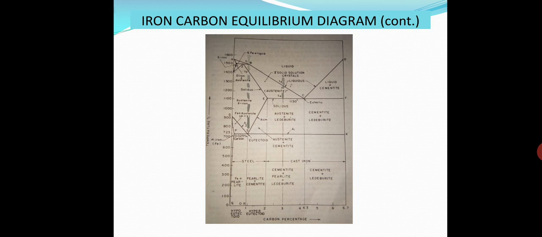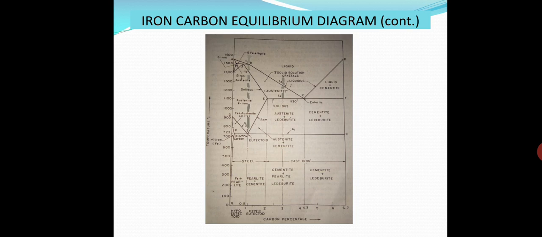Here the eutectoid reaction takes place and the austenite changes into pearlite. At 723 degrees centigrade, if carbon percentage is 0.8%, then austenite changes into pearlite.